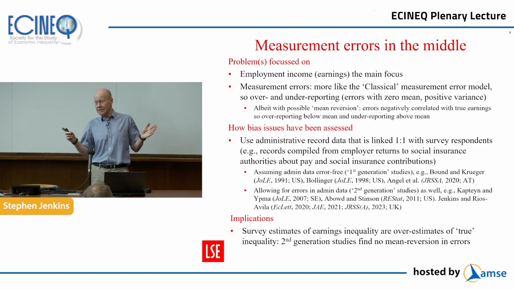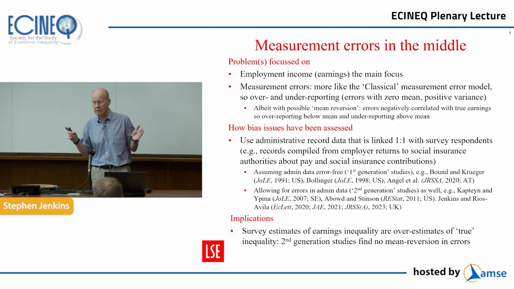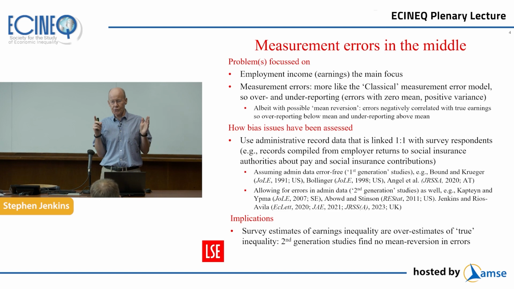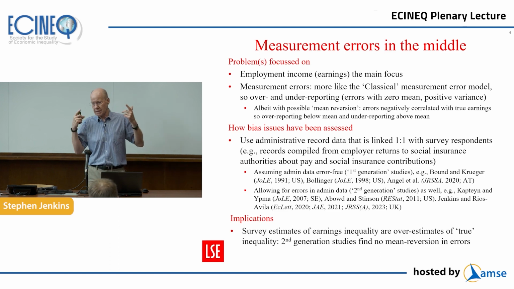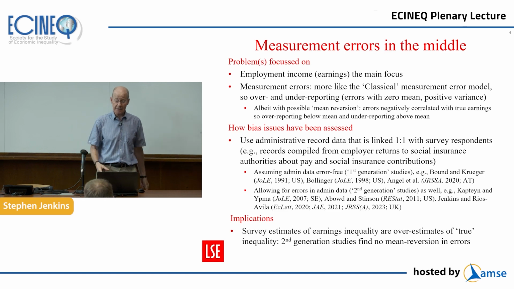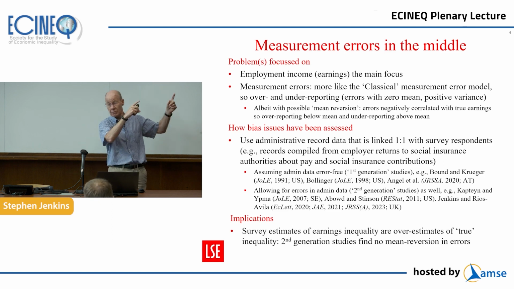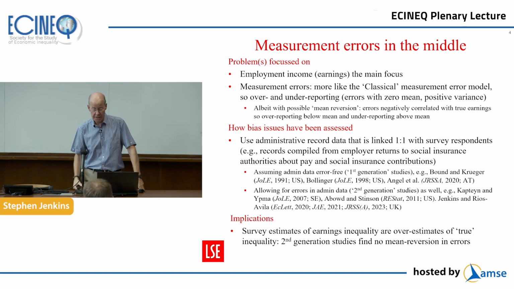When you look at the middle, things are done a bit differently. I'm talking about it as the middle because for the people in the middle, their principal source of household income comes from employment earnings. So the way in which economists and statisticians have thought about measurement error is in terms of so-called classical measurement error, which is basically that there is both over-reporting and under-reporting, which is different from at the top, where you think about it as systematic under-reporting of various kinds.